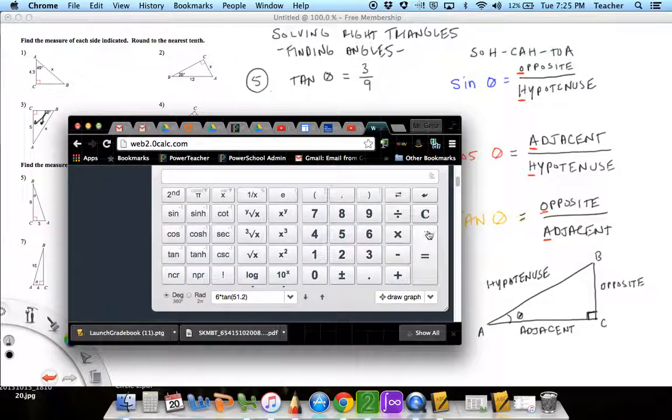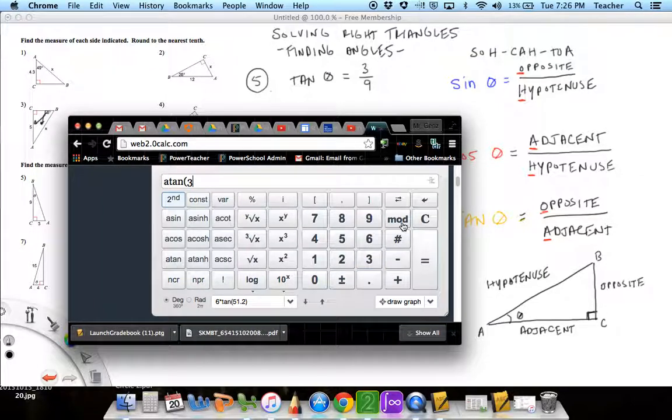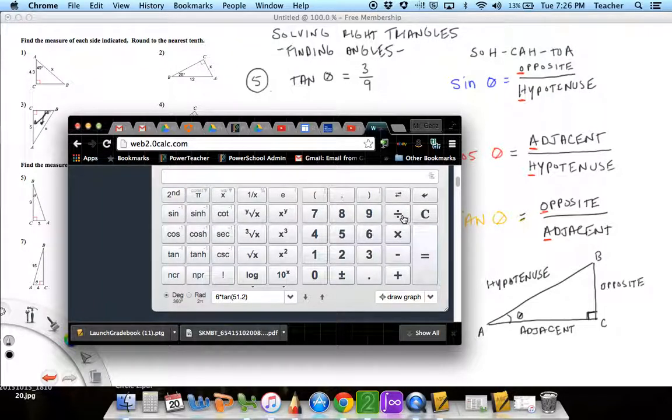Let me go back to that. So if we press second, arctan, and then 3 divided by 9, we're going to get our angle measurement. The calculator I'm using is a little bit different, and it's kind of difficult to do this on this calculator. I cannot find the division sign on here. Where is the division sign?